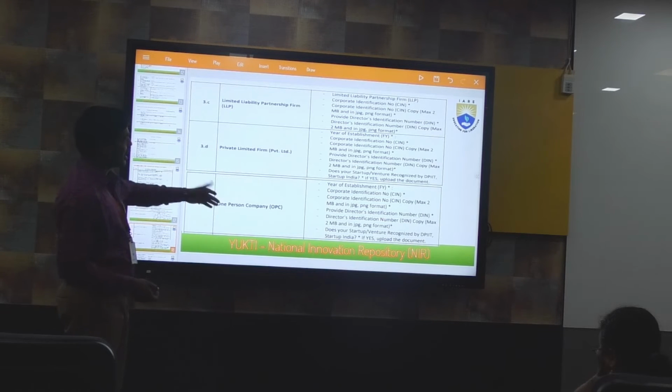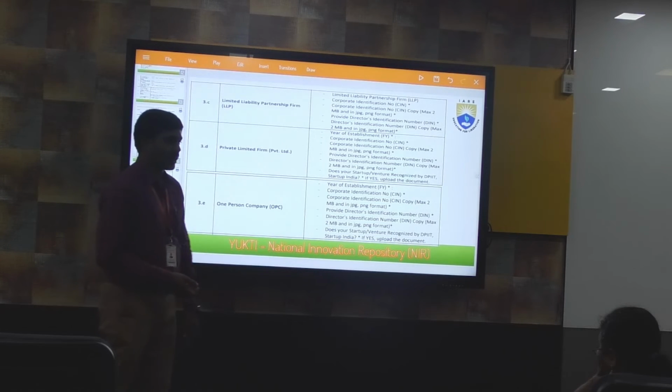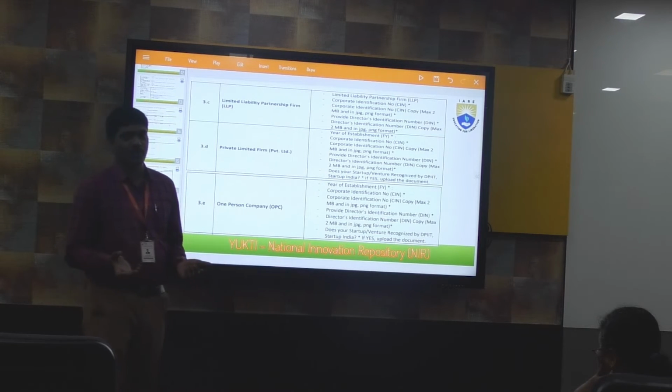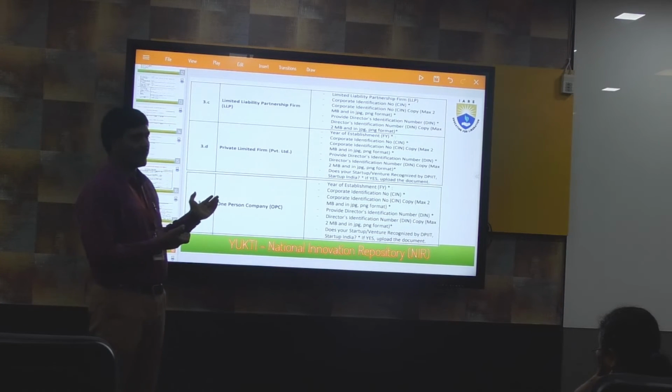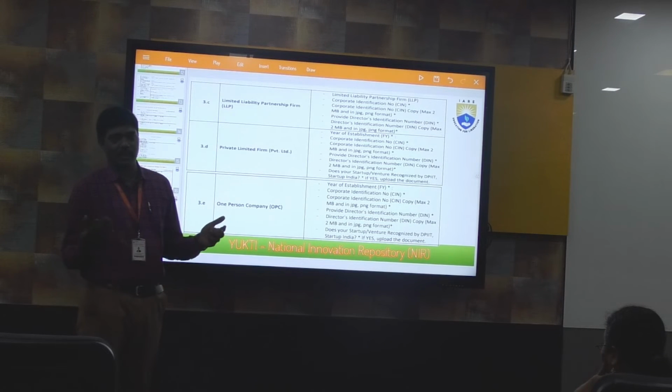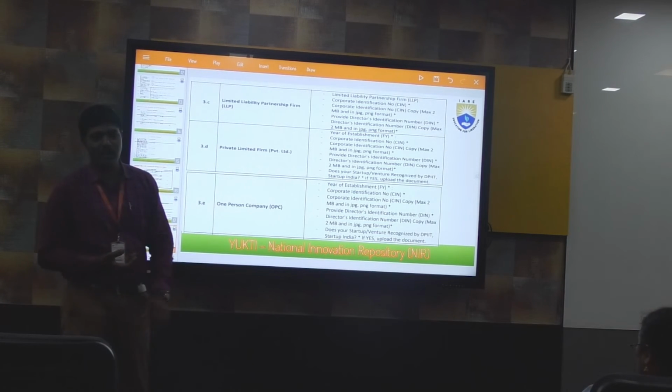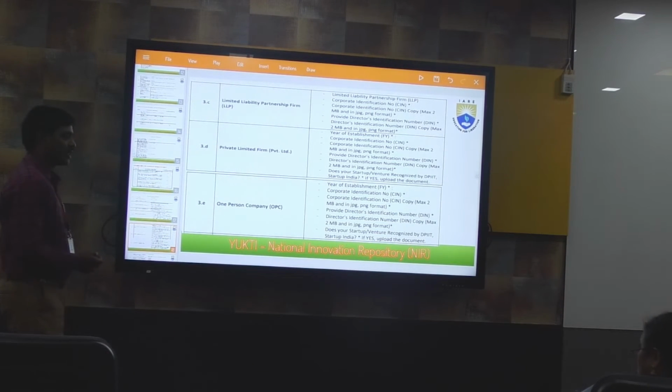The terms and conditions may be different, and some may be flexible. If you take a private limited company, every year you have to file returns compulsorily, but that is not the case with an LLP or some registered firm. So there are differences in the terms and conditions of each and every category.